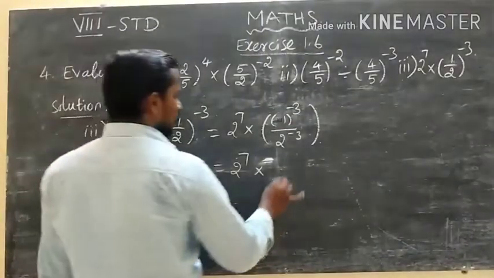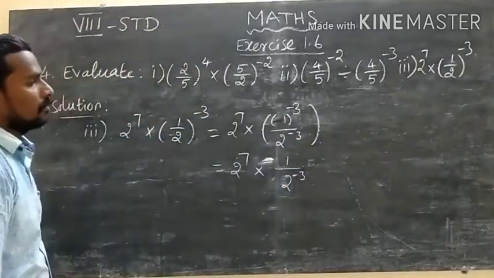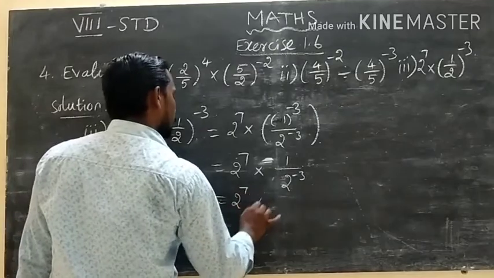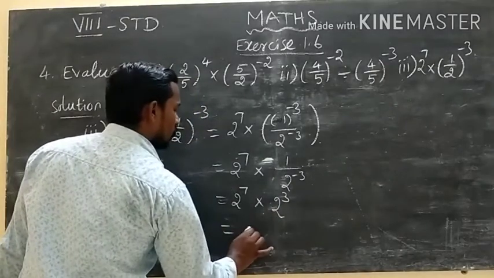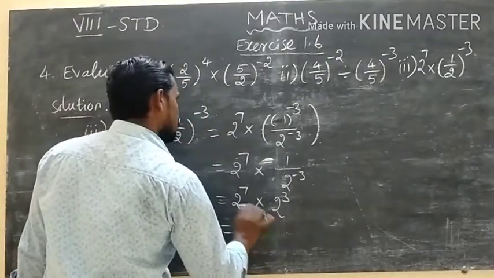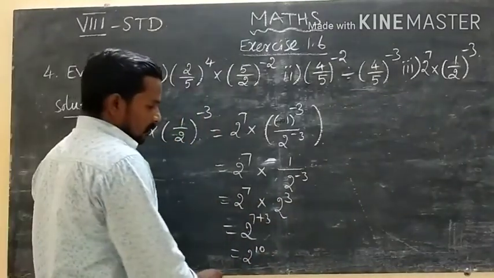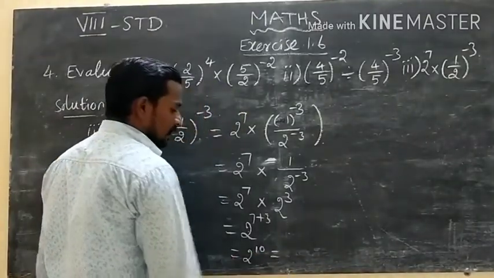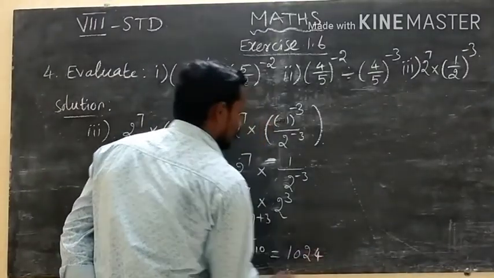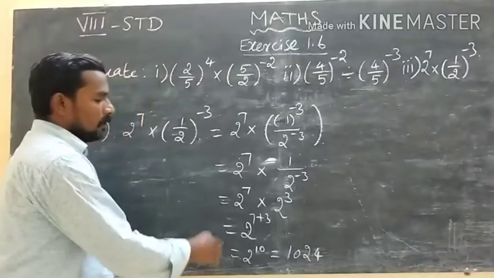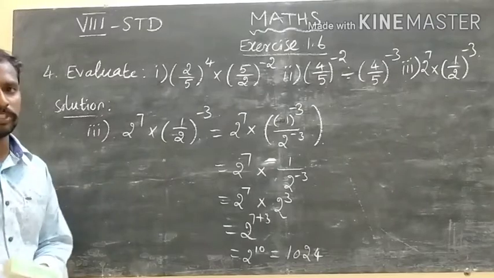So 1 divided by 2^-3 is equal to 2^7 into, transferring to the numerator, 2^+3, which is 2^(7+3), because the bases are equal, we add the powers, so 2^10. Here also we want to find 2^10. 2 multiplied 10 times, we get 1024. Check by multiplying 2 into 2 into 2, 10 times, we get 1024. That's all for the fourth question.